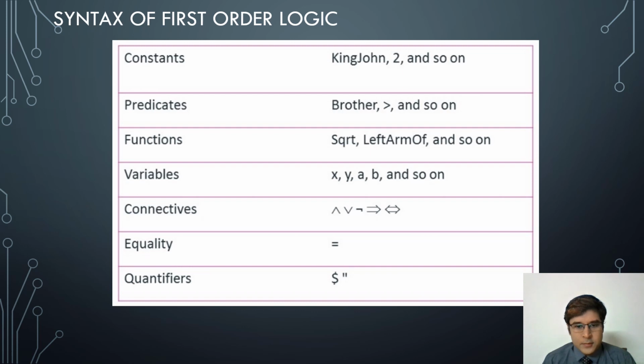Next, we have variables that can be x, y, a, b, and so on, and they represent any of the statements of first order logic. Next, we have the connectives. Major connectives are and, or, not, implies, and the if and only if operator, as shown here next to the connectives term.